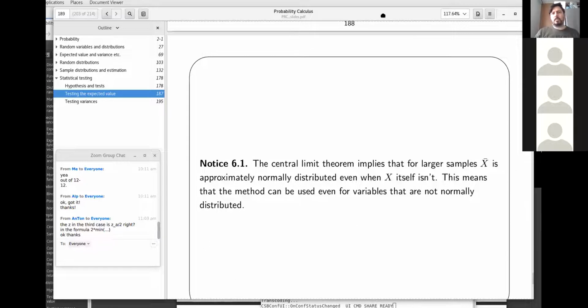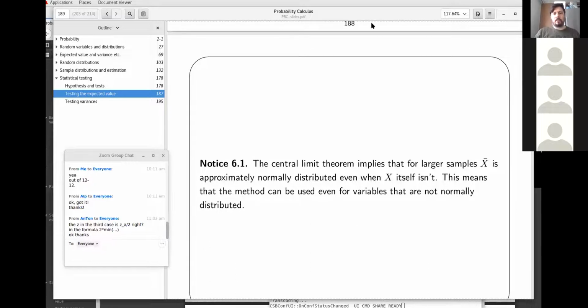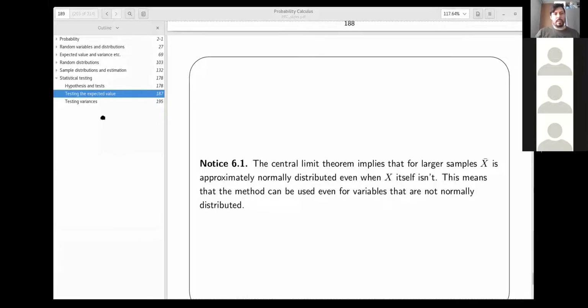Please notice that the central limit theorem implies that for large samples, the sample mean or the sample average is approximately normally distributed, even when X is not. This means that the method can be used for variables that are not normally distributed. But I want to say this, it can be used, yes.